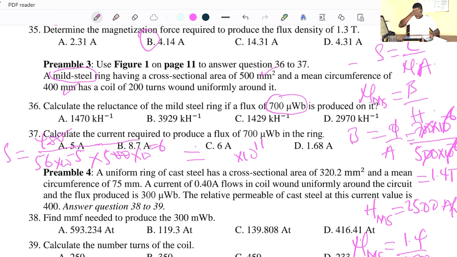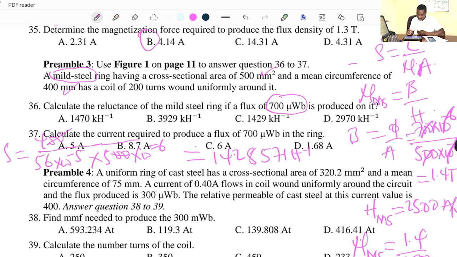And that will be equal to, okay, we get a very big number: 142,857,1.